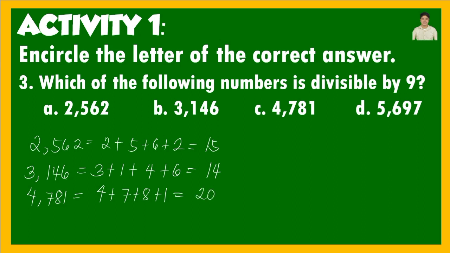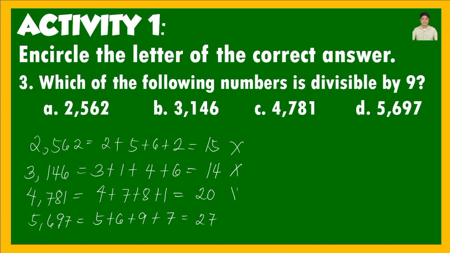Finally, option D, 5,697. So, 5 plus 6 plus 9 plus 7. So, 5 plus 6, we have 11, plus 9, 20, plus 7, 27. So, looking at the sum of our choices, so 15 is not divisible by 9. 14 is not divisible by 9.